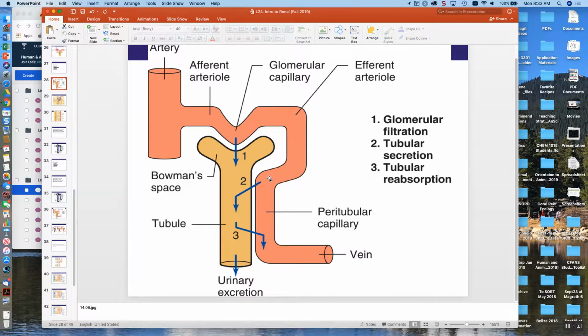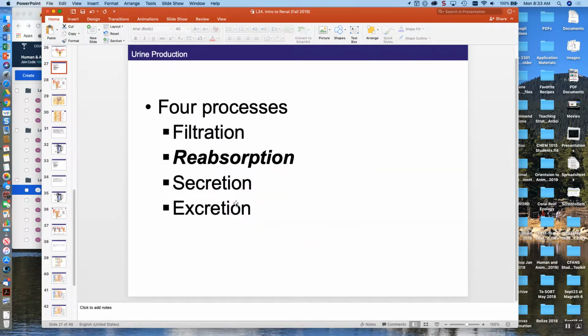Secretion is when you deliver molecules, solutes, or fluid from the blood supply, from the circulatory system, into the nephron to be excreted, to be eliminated from the body. So please know the difference between reabsorption, number 3, and secretion. The last of the 4 processes is excretion, and hopefully we get to that today.